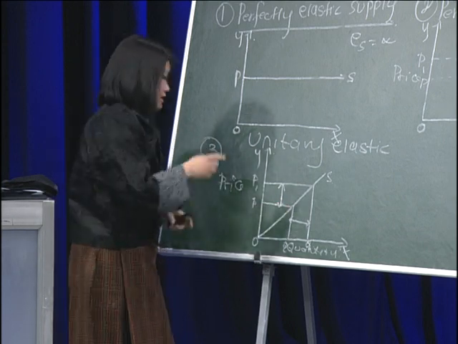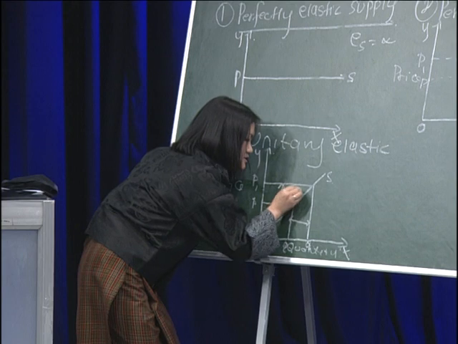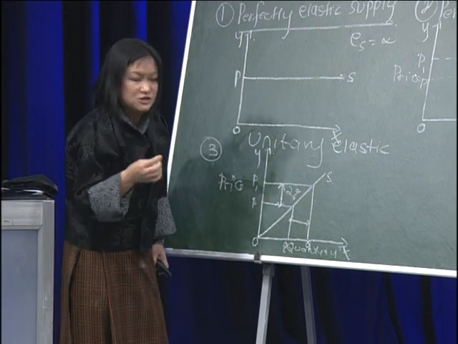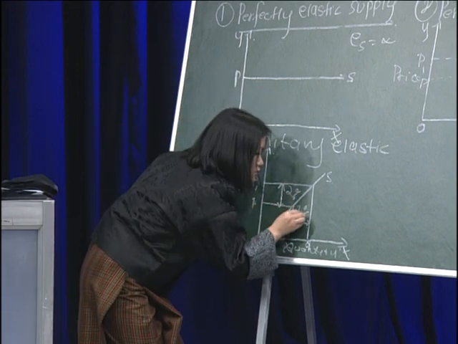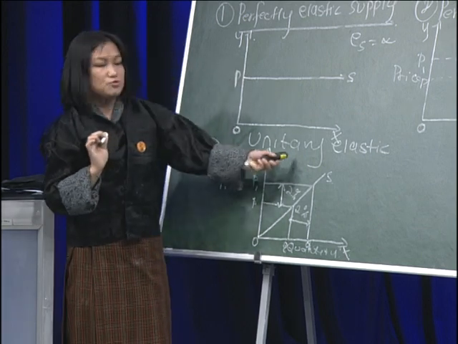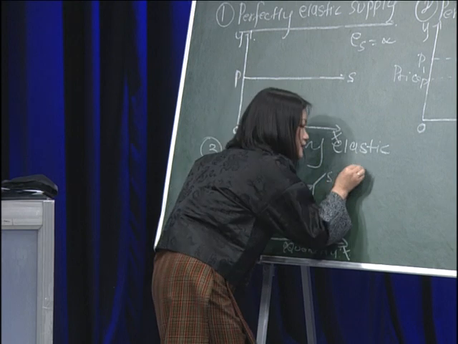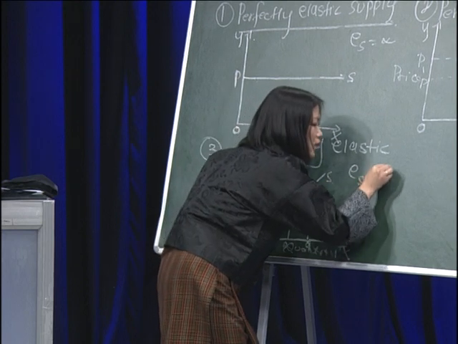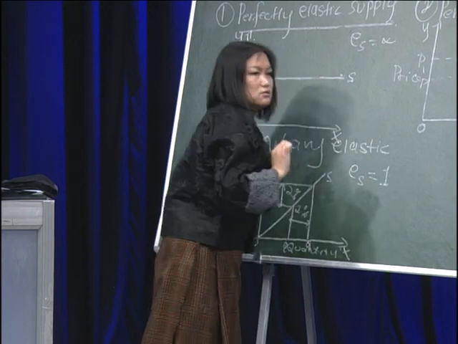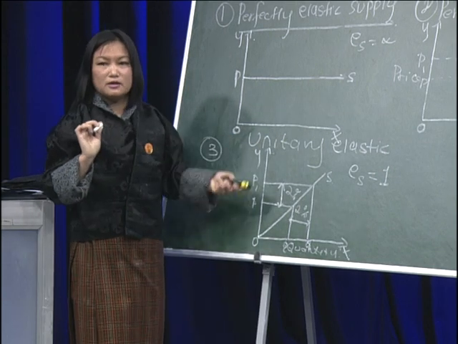So now let's say that if the price has changed by 2%, the quantity supplied would also change by 2%. So this is called as unitary elastic. The value for this elasticity is ES is equal to 1, because it changes in the same manner.